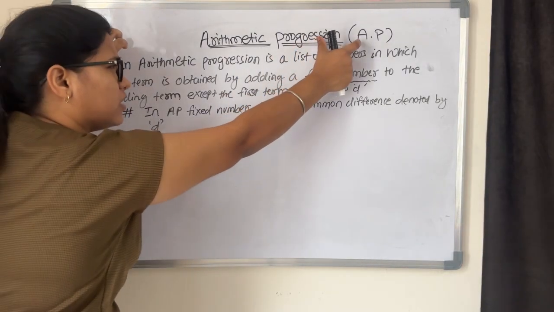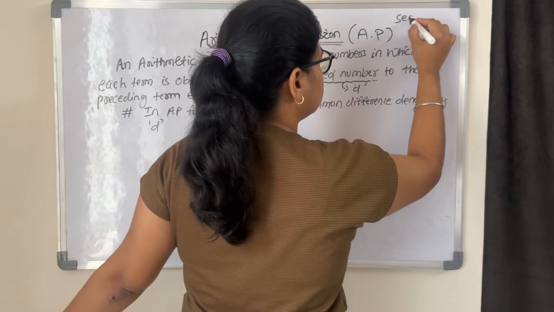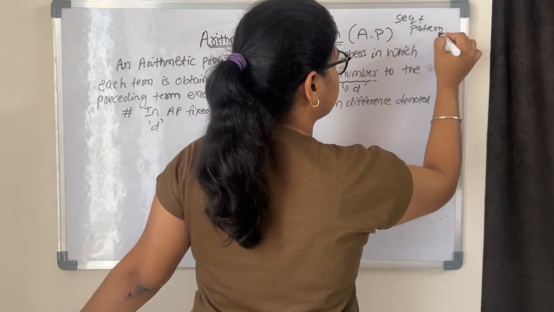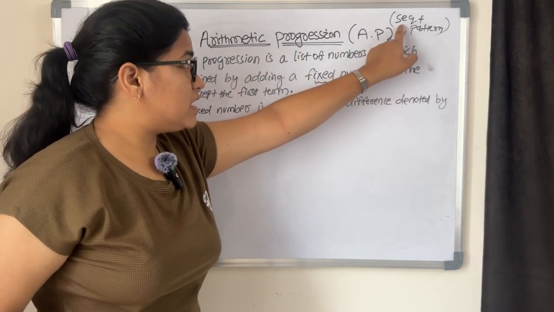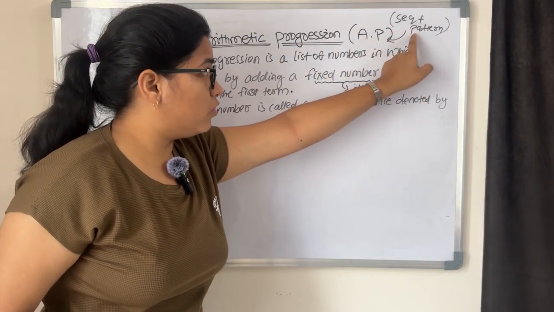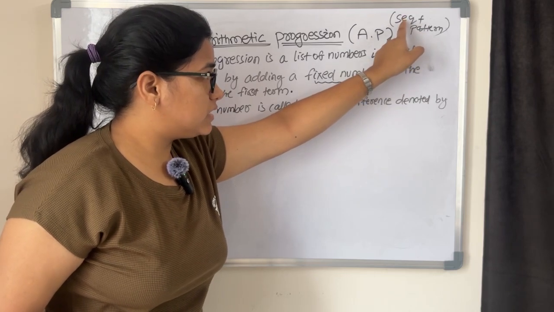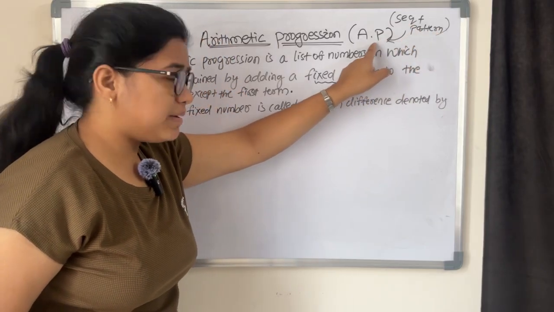An arithmetic progression, what I told before, is a sequence plus a pattern. If the terms in a sequence follow a pattern, then we can say that it is in AP.